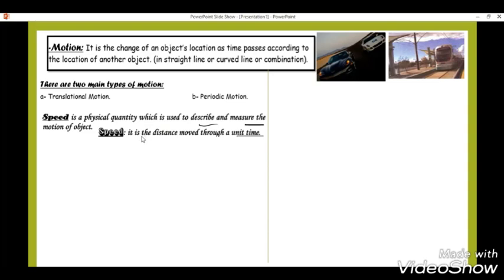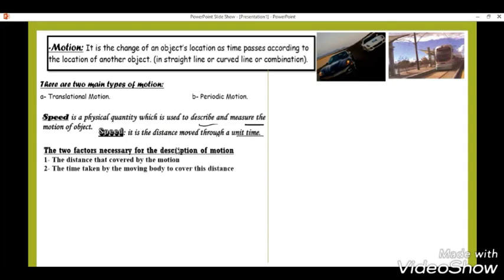So when we calculate the speed, we have to find the distance and the time. The law of the speed depends on the distance and the time. So the two factors necessary for the description of motion are the distance covered by the motion and the time taken to cover this distance.